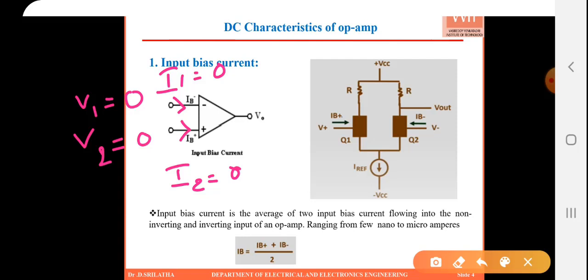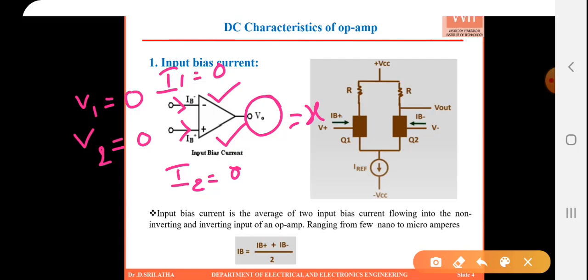But still, even though we are not applying any voltage, because of these biasing currents IB minus and IB plus, some voltage will appear across the output terminals of the operational amplifier. That is all because of this input bias current. So, this is the unwanted voltage which we need to reduce, which we want to make 0.